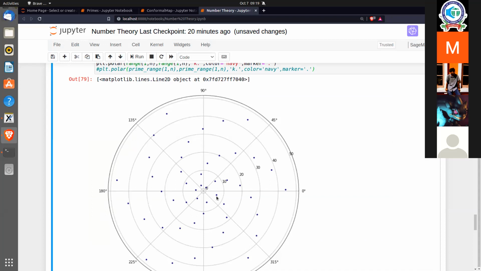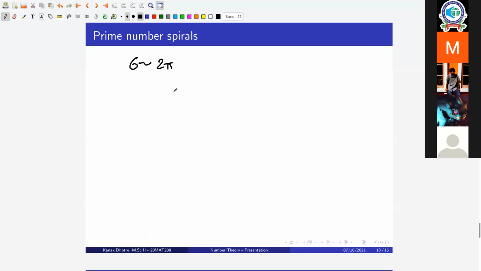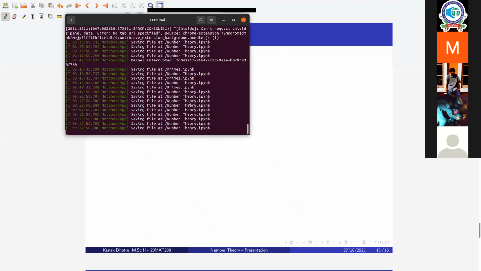This one is going to be 6. Now if I follow this spiral here, I'm essentially plotting all the multiples of 6. For instance, I'll be getting 6 and then 12, and so on and so forth.